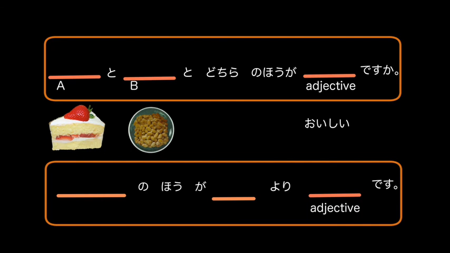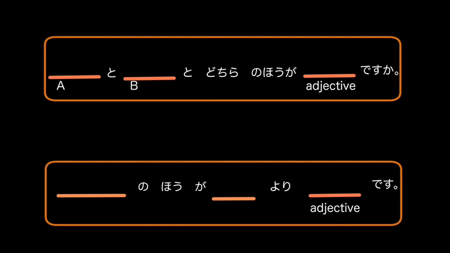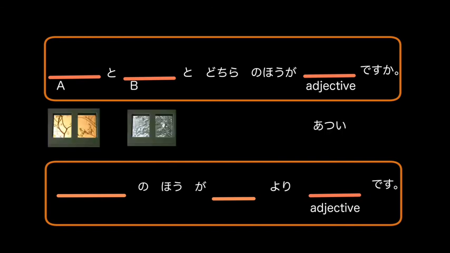The cake is more delicious than the natto. If we were comparing the seasons, natsu to fuyu to dochira no hou ga atsui desu ka? And of course in this case a logical answer would be natsu no hou ga fuyu yori atsui desu.